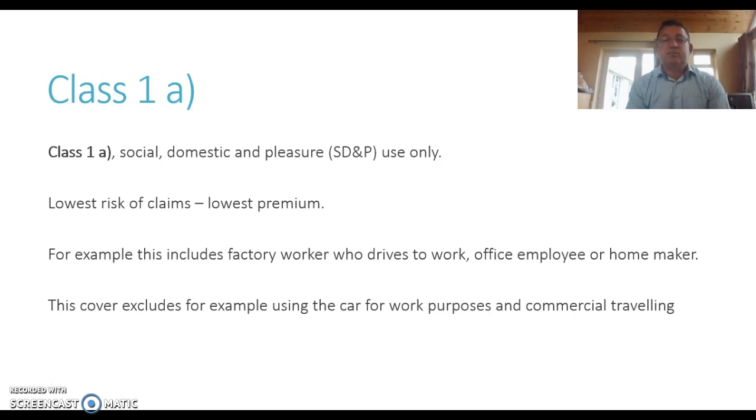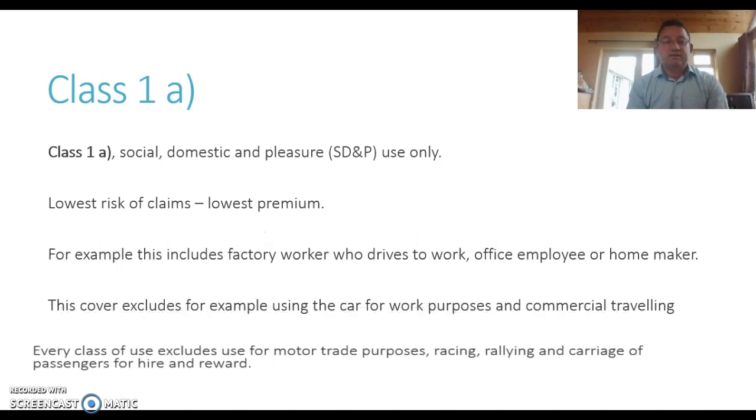Another example would be an office employee or somebody working in the home. So the cover excludes, for example, using the car for any work-related purpose, and it also excludes commercial travelling.